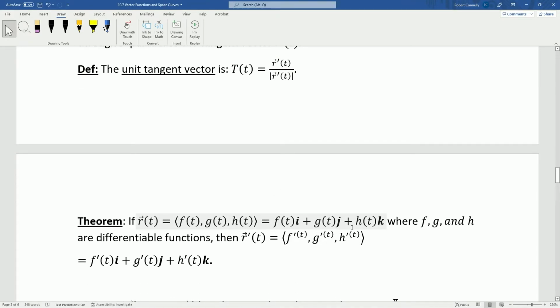Let's look at a theorem here real quick. Oh, we had some formatting issue here. Well, that's strange. Not sure how that happened.